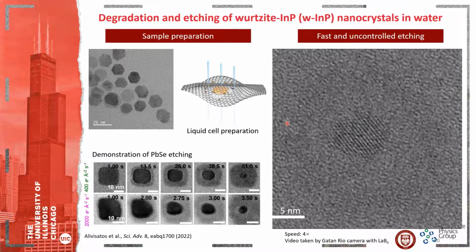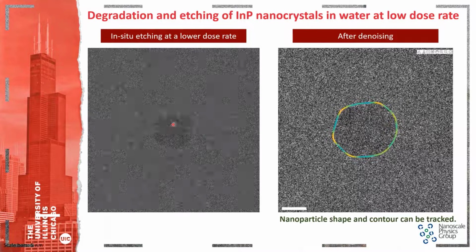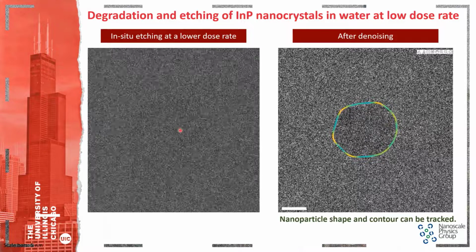And so what we're going to do now is switch to the ARM microscopy at UIC, using the ClearView camera. Here's a similar particle, but in this case we are using a 5 times smaller dose rate, about 20 electrons per angstrom squared per second. As I start the video, you can see the particle dissolving as well.